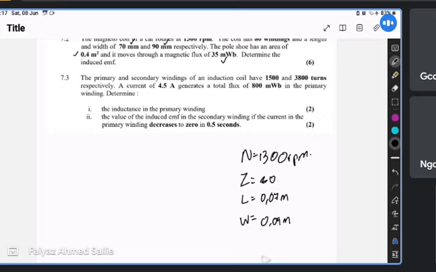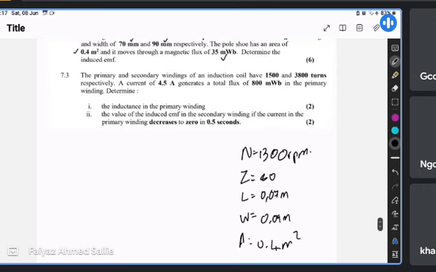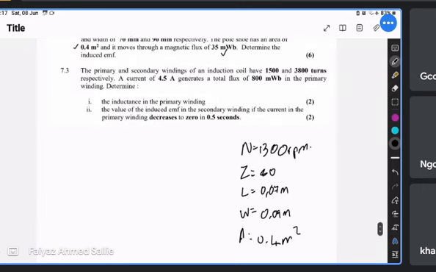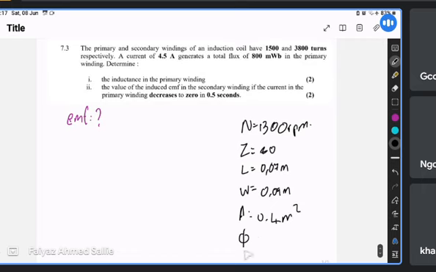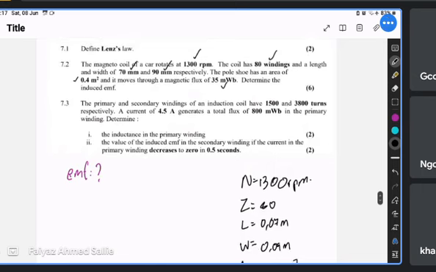It has an area of 0.4 meters squared, and it moves through a flux density of. They want us to get the EMF, so let's write the question down: EMF. And the last thing states that the magnetic flux is 35 microweber. So the flux is equal to 35 microweber. Weber. How do you guys pronounce that?